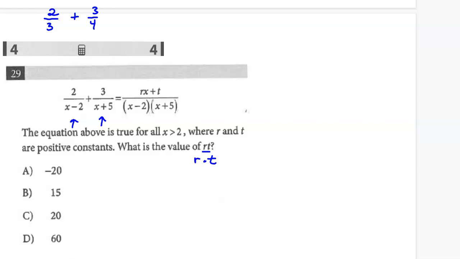So for instance, if I multiply 2/3 by 4/4, that doesn't hurt anything because I'm just multiplying by 1. And then if I multiply this fraction by 3/3, well, if I clean that up a little bit, I'm now going to have 8/12 plus 9/12, and I could add those together, and that would be 8 plus 9 over 12, or 17/12.